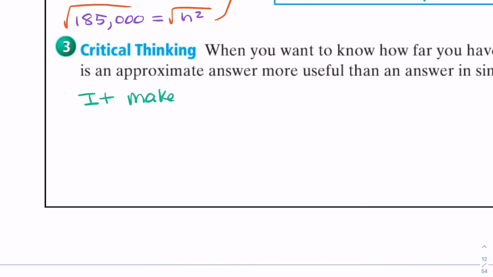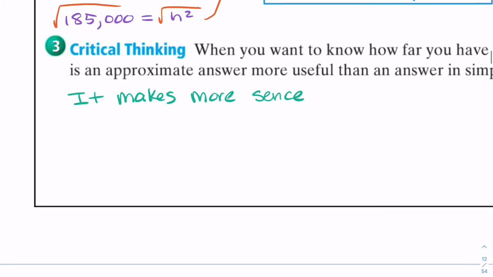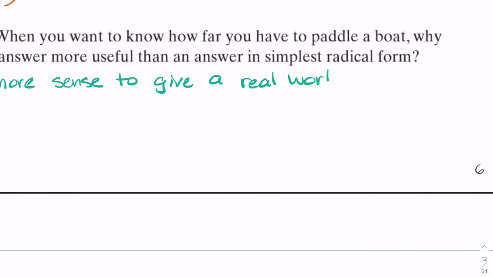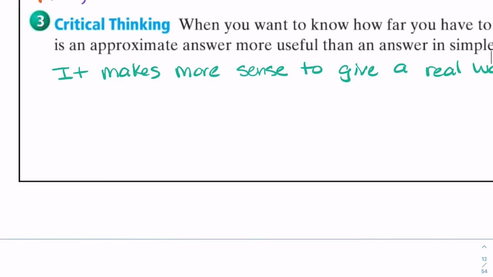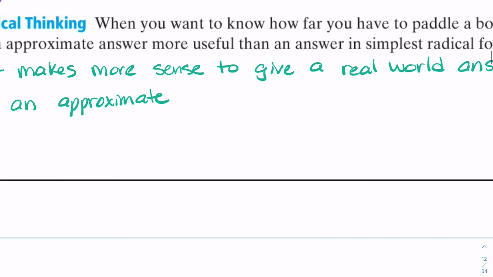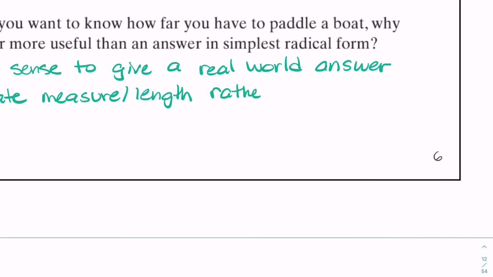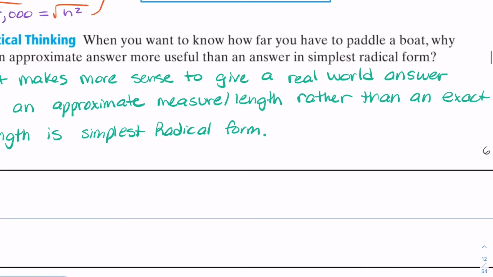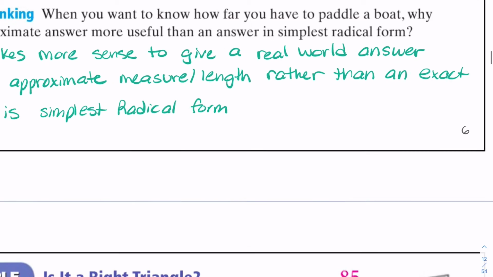I've already answered this one. It makes more sense to give a real world answer as an approximate measure or length rather than an exact length in simplest radical form, because it's more understandable.